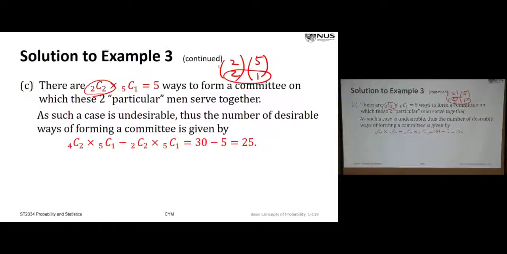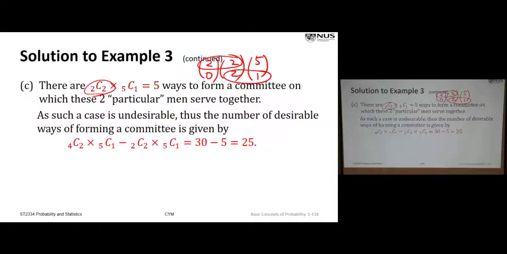Okay. We have 2 men here, so there are altogether 4 men. These 4 men divide into 2 groups. These 2 particular men we are working on, they refuse to work together, and there are 2 other men. So from this group of 2 other men, how many do we choose? 0, 1, 2? 0, of course, we don't choose anyone.